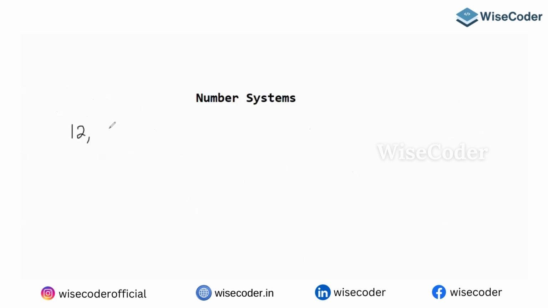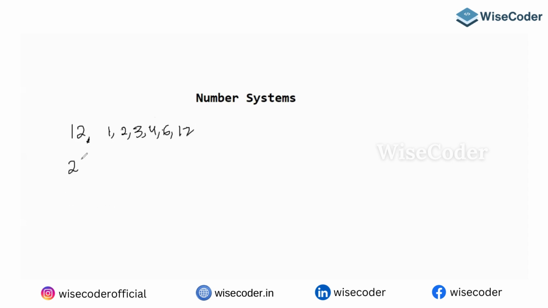What are the factors? 1 is a factor, yes. 2 is a factor, yes. 3 is a factor, of course, yes. 4 is a factor, yes. 5 is a factor, no. 6 is a factor, yes. 7, no. 8, no. 10, no. 11, no. 12, yes. So I know this number, so I can say the total number of factors are what? 1 2 3 4 5 6.